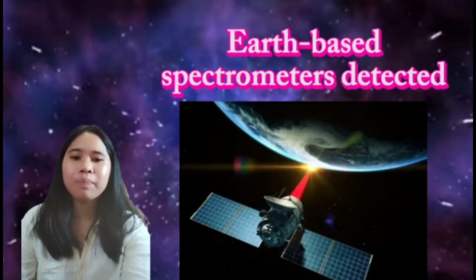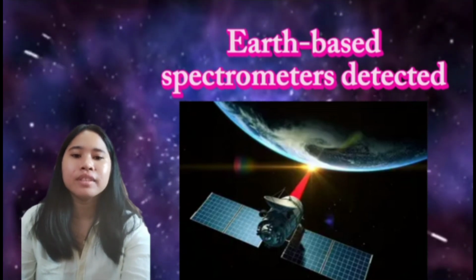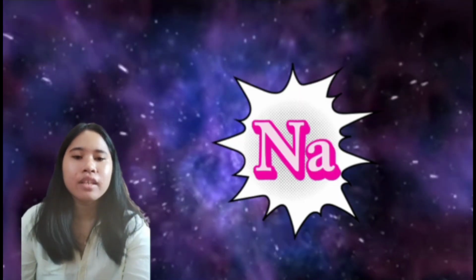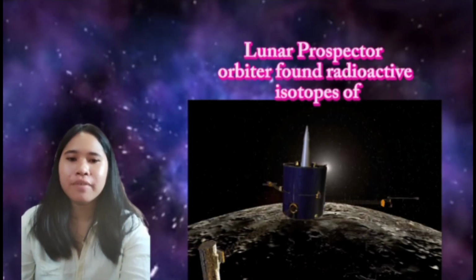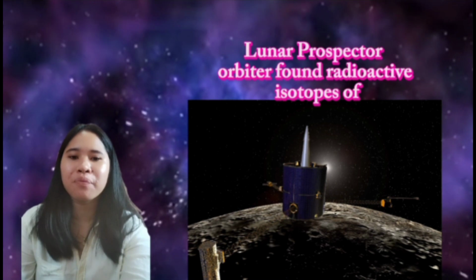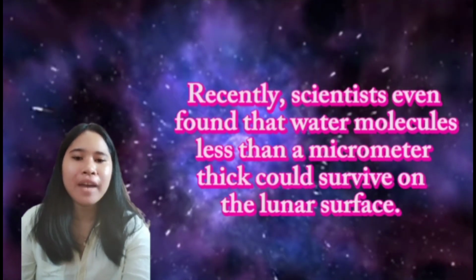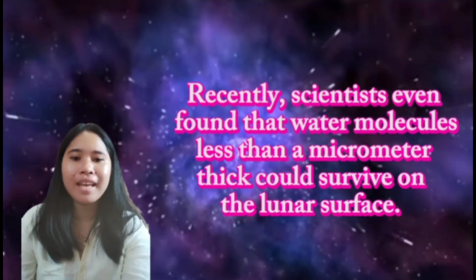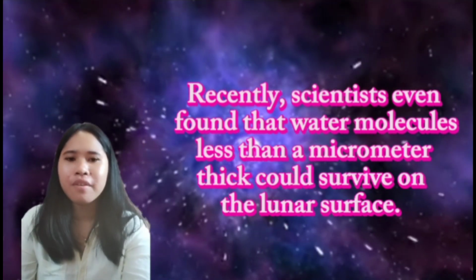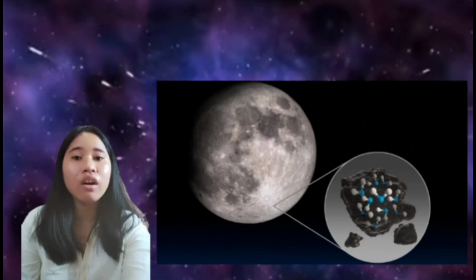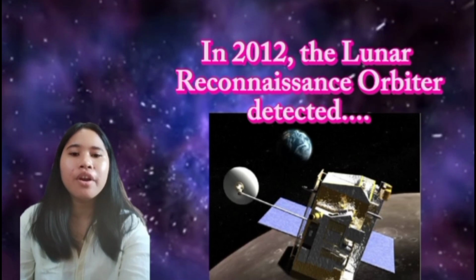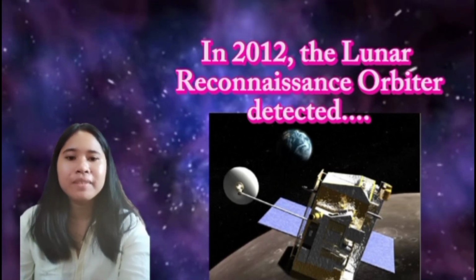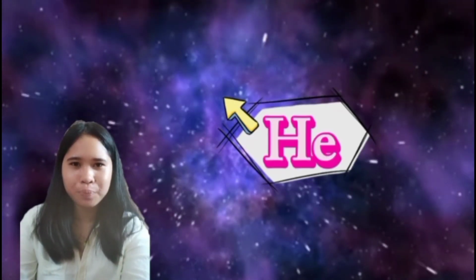Earth-based spectrometers have detected sodium and potassium, while the Lunar Prospector Orbiter found radioactive isotopes of radon and polonium. Recently, scientists even found that water molecules less than a micrometer thick could survive on the lunar surface. In 2012, the Lunar Reconnaissance Orbiter detected helium.